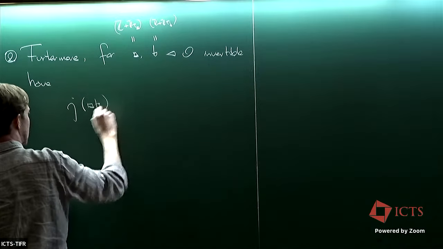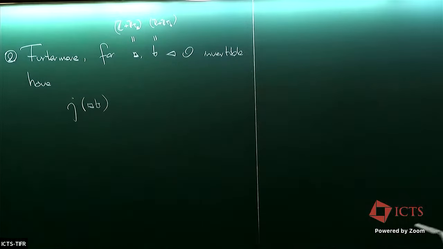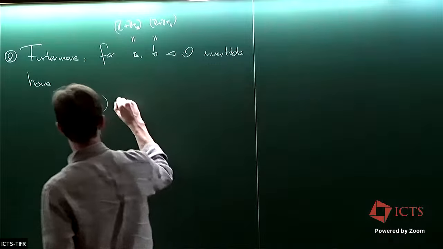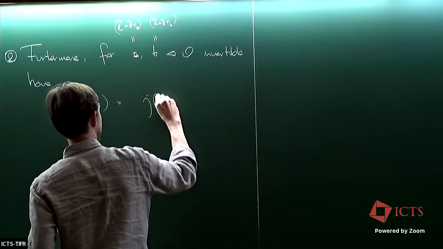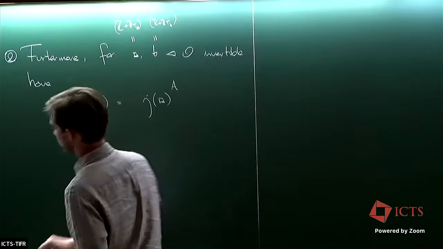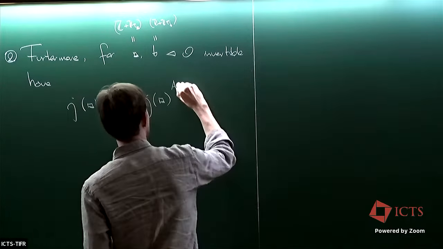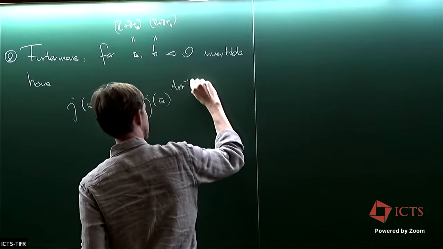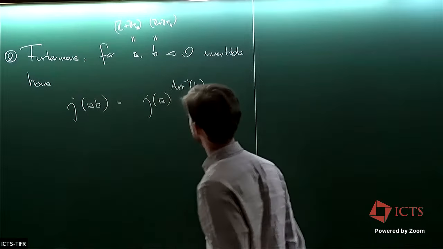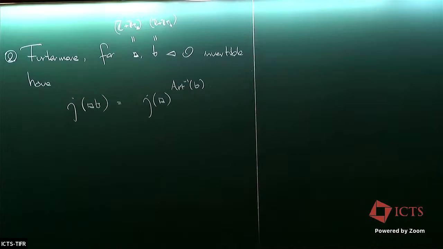relations. So if I take the j invariant of the product of these two ideals, then that's the same as if I had taken the j invariant just of the first one, and I act on it by the element of the Galois group of this extension, which I know contains all of these invariants, that is the inverse of the element corresponding to B. Yeah? So B, my ideal, defines a class in the Picard group. It's an invertible ideal.